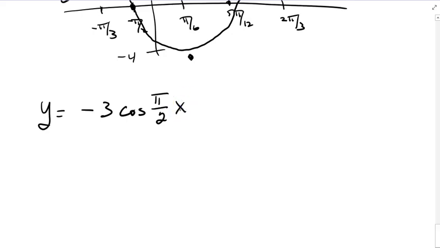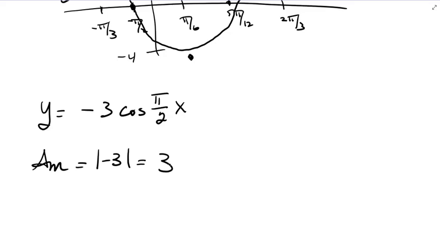All right. Notice you do not have a c value in this case, but let's start with our amplitude. Amplitude is always a positive value. It's a distance. So our amplitude is the absolute value of negative 3, which is 3.